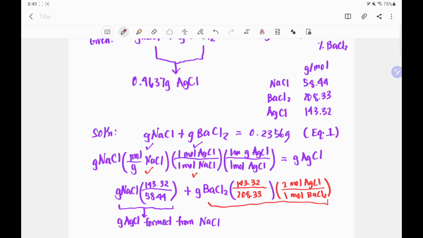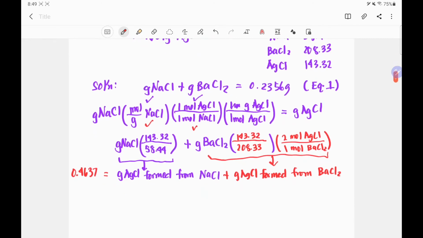This expression will be the grams of silver chloride formed from barium chloride. It makes sense that the grams of silver chloride formed from sodium chloride and the grams of silver chloride formed from barium chloride should total the final grams of silver chloride. So we now have equation 2.